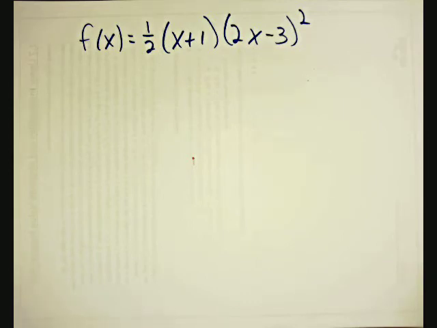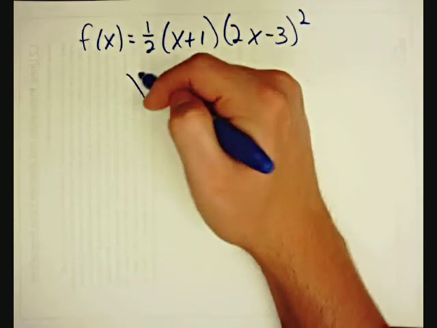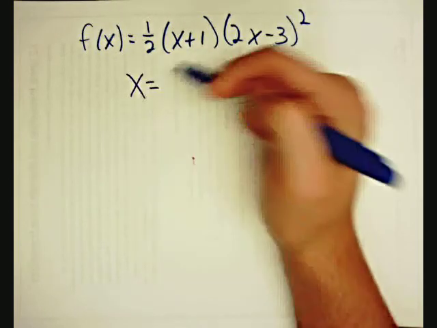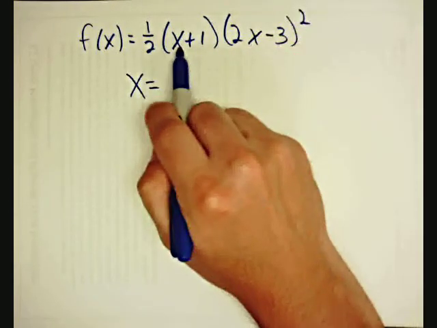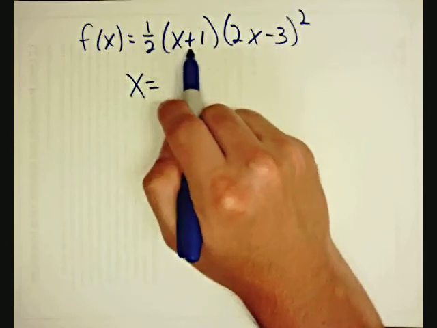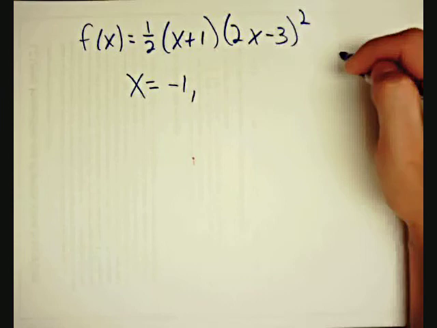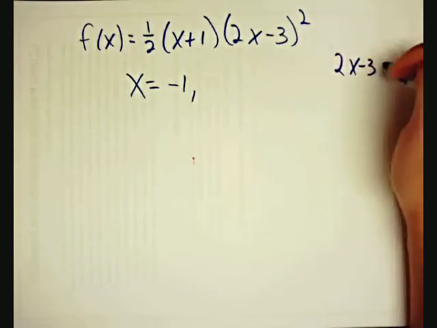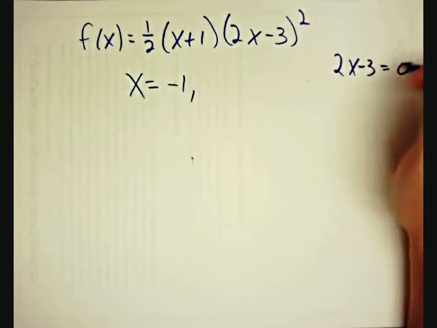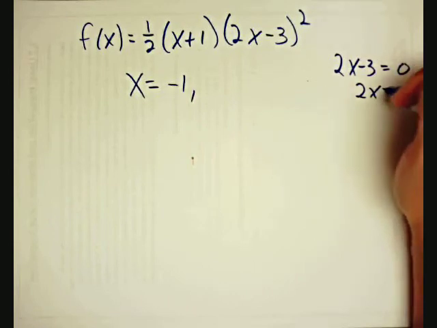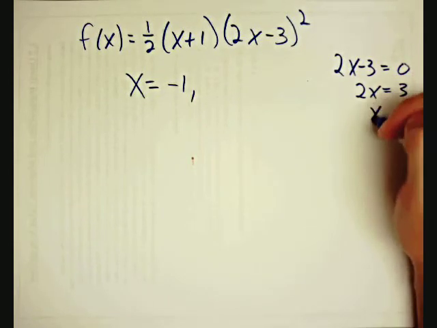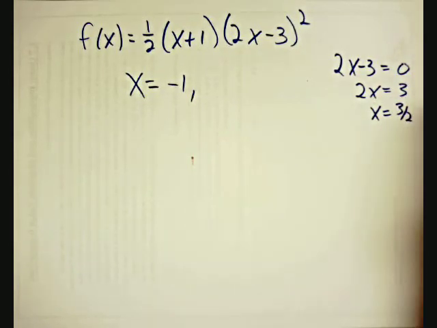This problem is nice because it's already in its factored form, so we can go immediately to these zeros. If x is negative 1, negative 1 plus 1 is 0. And 2x minus 3, if you set that equal to 0, add 3, divide by 2, and you'll see 3/2 is the zero.